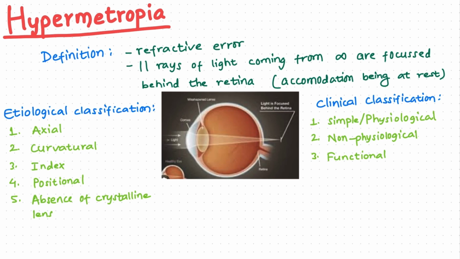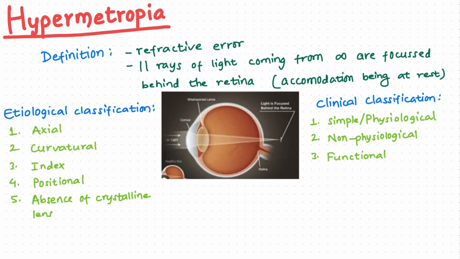Now when there is absence of crystalline lens, then also it can occur, because one of the converging apparatus in our eyeball, that is the lens, which accounts for about 15 diopters, right? That is lost. So of course in that condition also hypermetropia results.